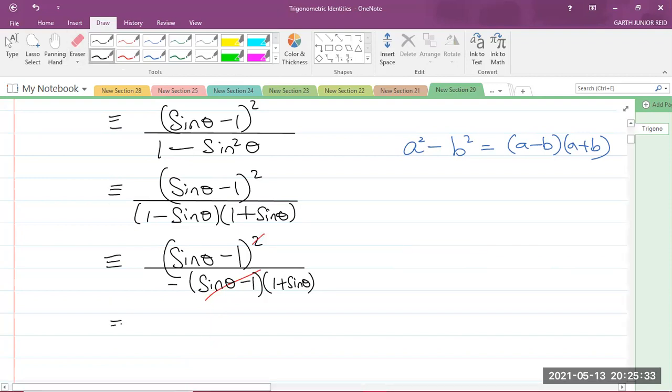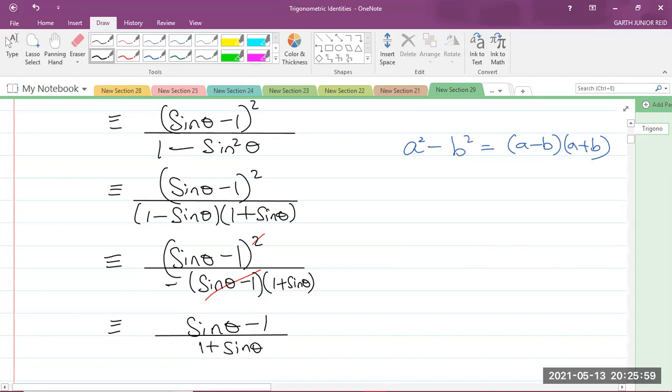So this is now equivalent to, in the numerator, sine theta minus 1, and I'm going to divide that by 1 plus sine theta.